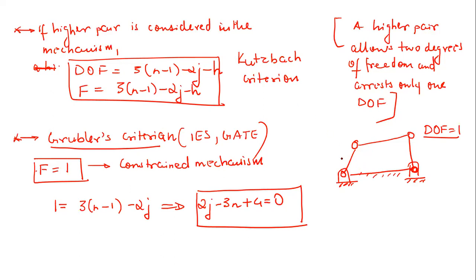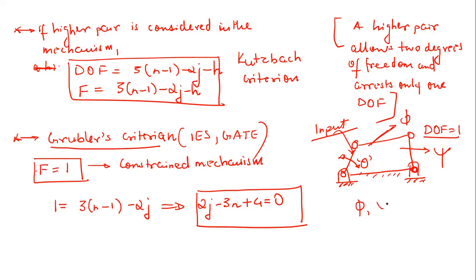Let's say I consider this link as input, and I use the theta coordinate to describe the motion of this input link. Now the motion of the other links, let's say the motion of this link is defined by phi, and this one by psi, something like that.